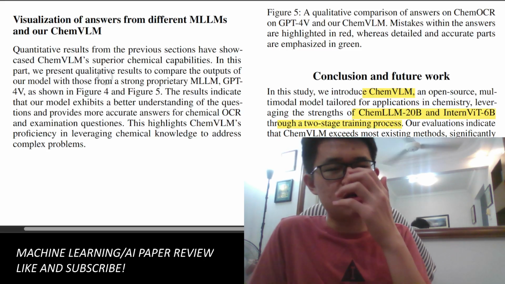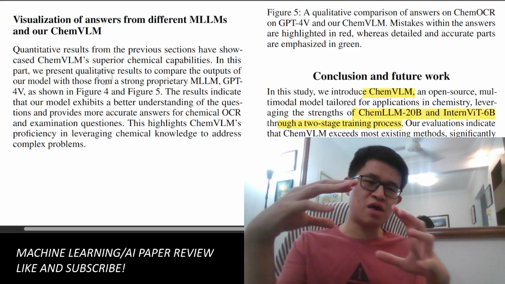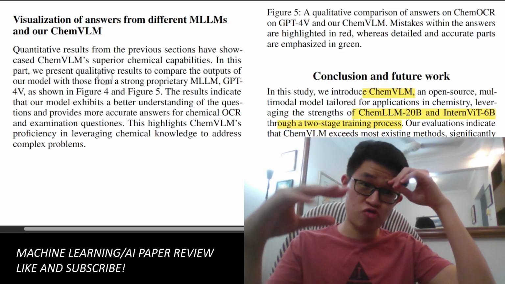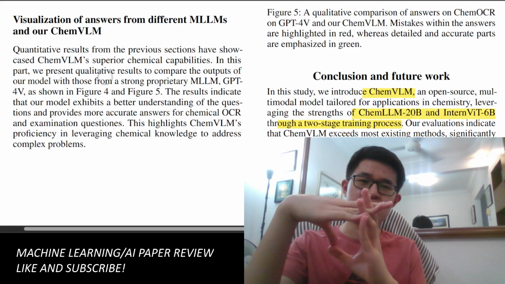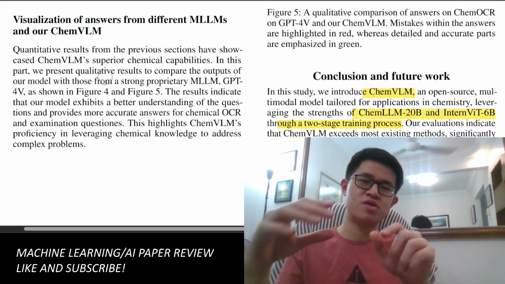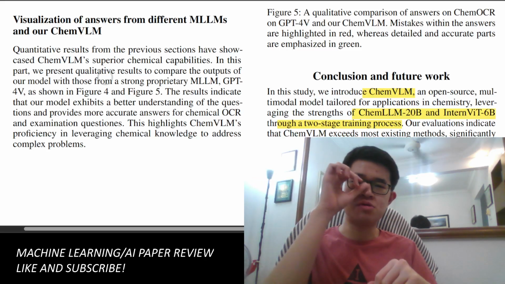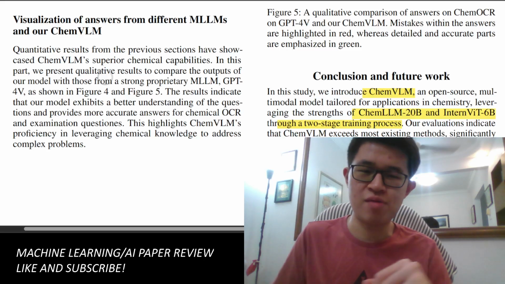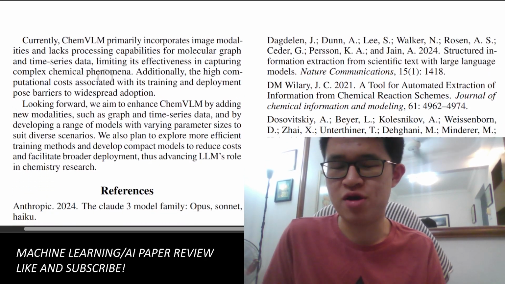And I'm going to assume that it is essentially using the Intern vision transformer as a vision processing module, which you then get the embeddings from, and then you feed it into the ChemLLM model, right? I think it has to be that way.